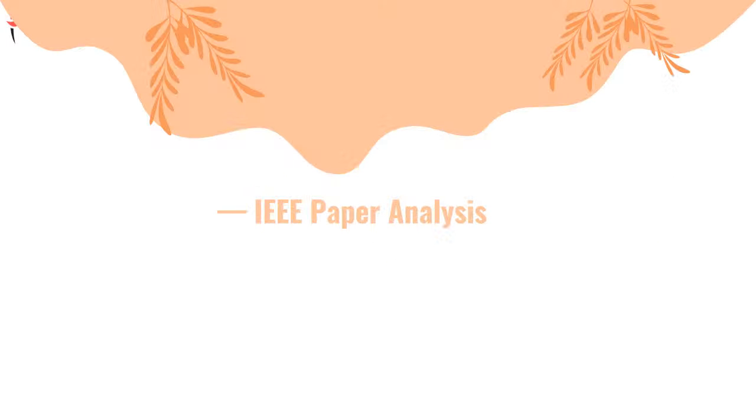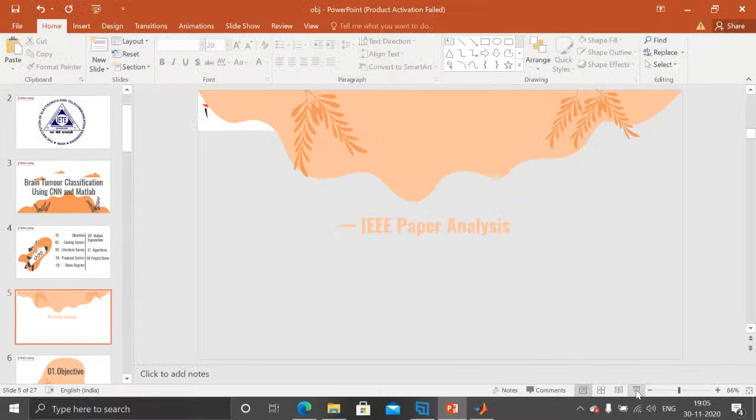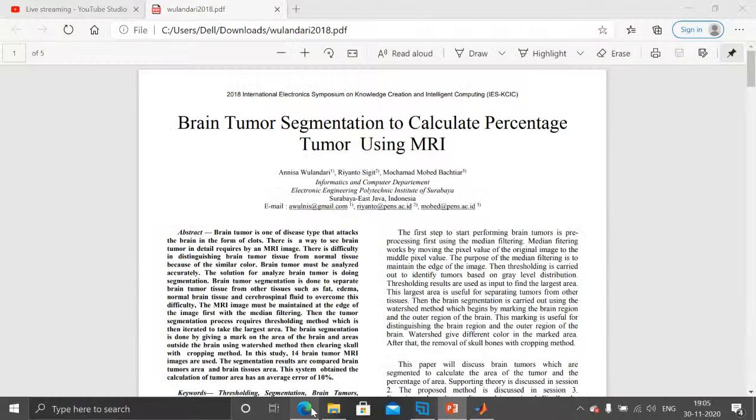First, let us start with the IEEE paper analysis. Here I have an IEEE paper analysis on brain tumor segmentation, on how to calculate the tumor area using MRI images.